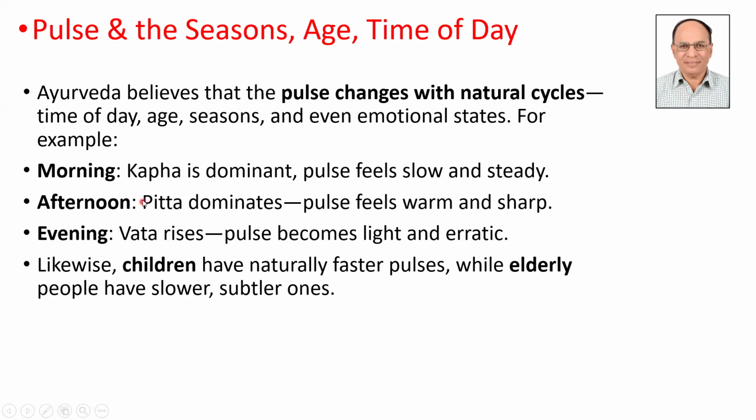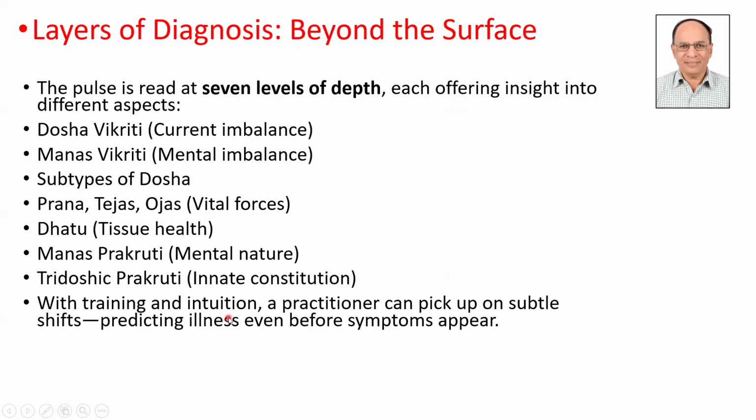In the evening, the pulse will be Vata dominant and become light and erratic. Likewise, children have a naturally faster pulse, while the elderly have slower and subtler ones.